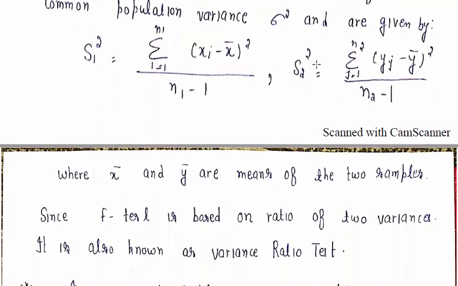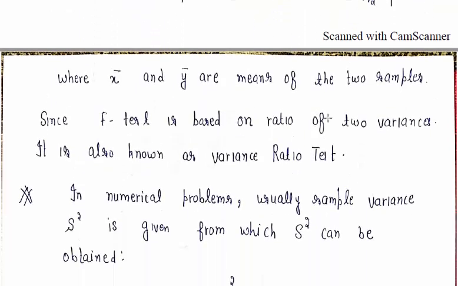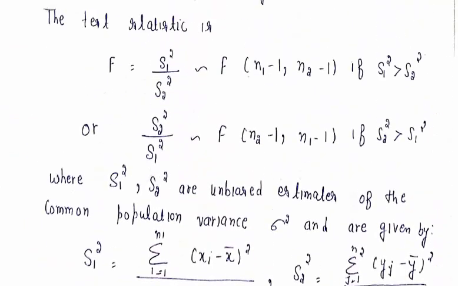And we know that x bar and y bar are the means of the first sample and second sample respectively. Since F is based upon the ratio of two variances, it is known as the variance ratio test. Here we check that the F test uses the variance of the first sample and the variance of the second sample.